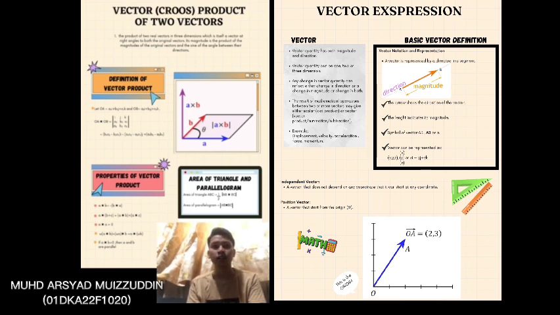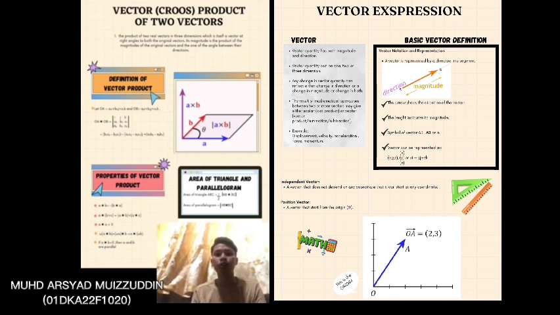The next step is (B1 multiply C2 minus B2 multiply C1) i minus (A1 multiply C2 minus A2 multiply C1) j plus (A1 multiply B2 minus A2 multiply B1) k.